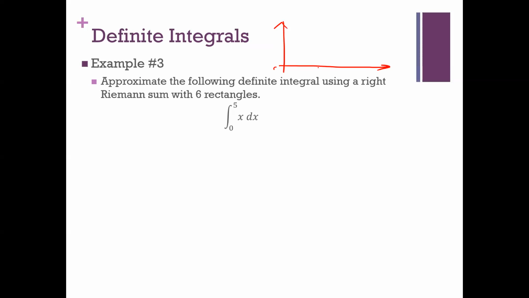Not to scale, this might hurt your eyes, but this is the function that I'm looking at, right? And one distinction I want to make is that the 0 and 5 correspond to whatever the interval is. They do not correspond to delta x or anything there.